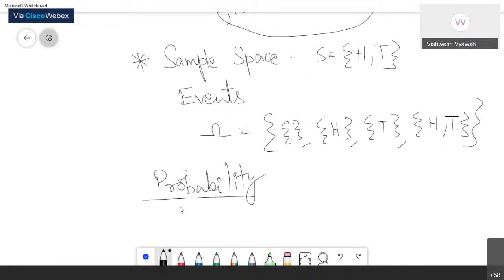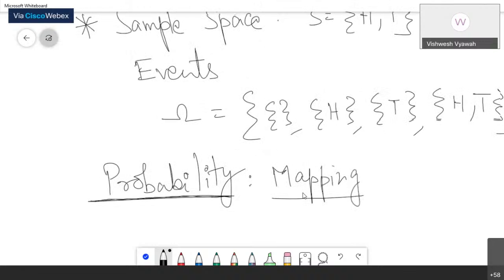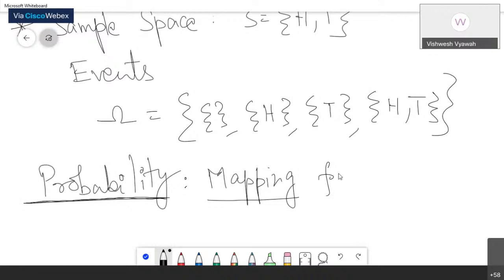Next thing that we are going to define is probability. Now, what is this probability? Very important. This probability, as I said, is a function, a mapping, from sigma to the interval 0, 1.